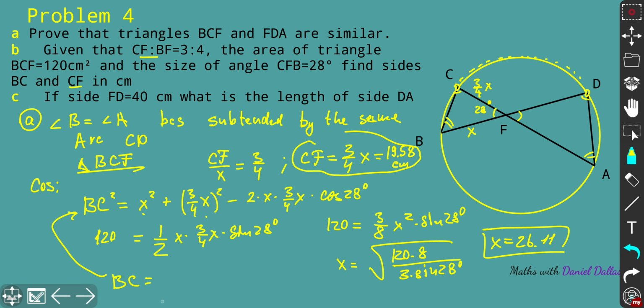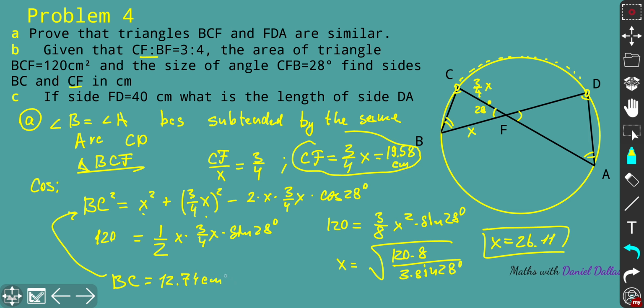So it's the square root of x squared, that means 26.11 squared, then we add 3 over 4 x squared, which is 19.58 squared, then we subtract 2 times 26.11 times 19.58 times cos of the angle 28 degrees, cos 28 between them.